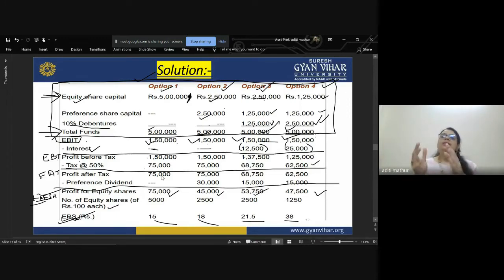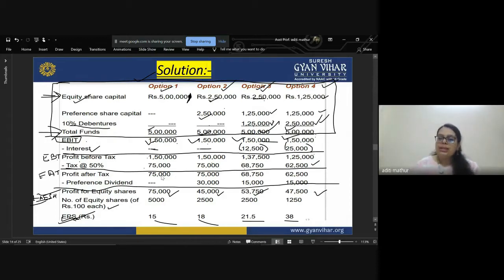And if you see this option, there is a good quantity of debt, there is a good mix of debt, equity, and preference, right? And if you remember the capital structure theory also, I have told you that the companies which have debt in them, their value is always more in comparison to the company which has no debt component, right?